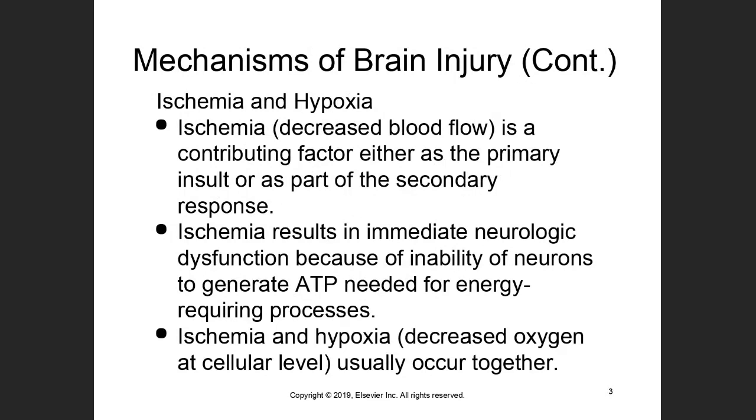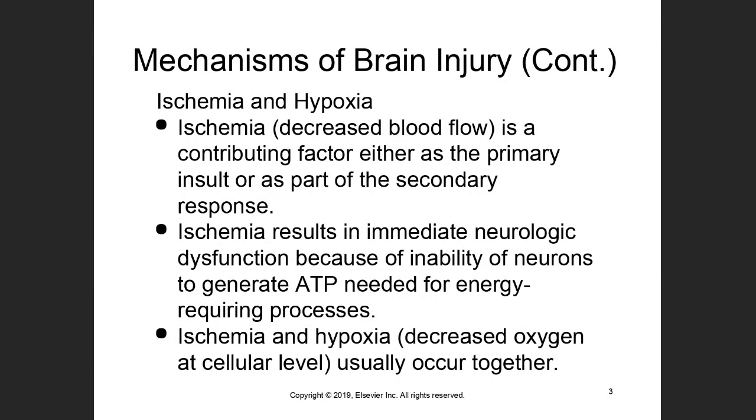Ischemia and hypoxemia. Ischemia, you already know, is a decrease of blood flow. It is a contributing factor, either as the primary insult or as part of the secondary response. Ischemia results in immediate neurological dysfunction because of the inability of the neuron to generate ATP, which is the energy of the body.